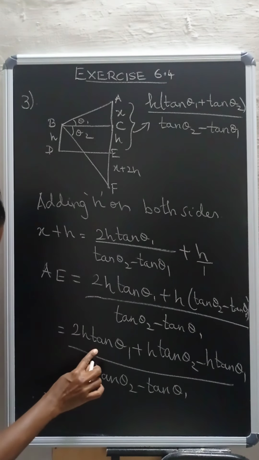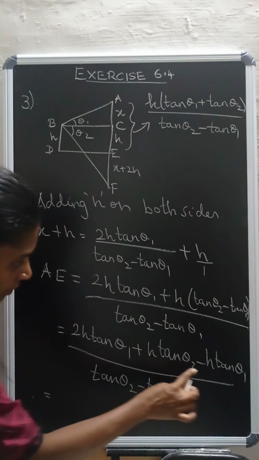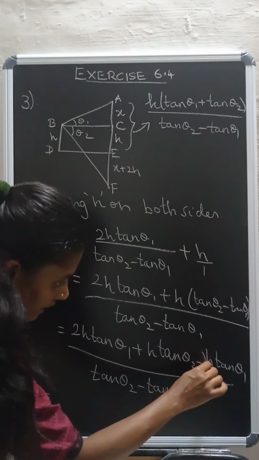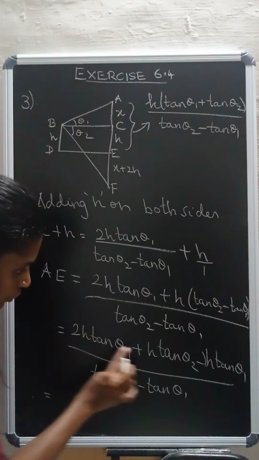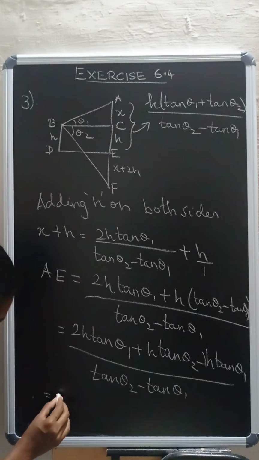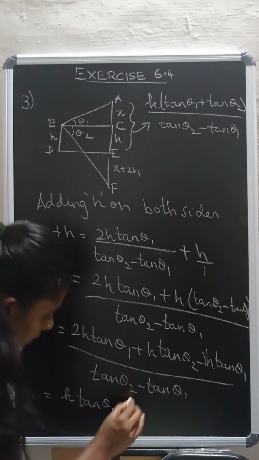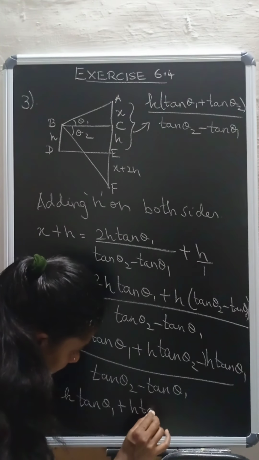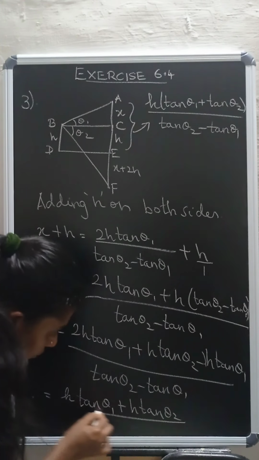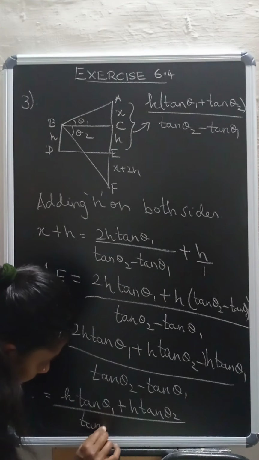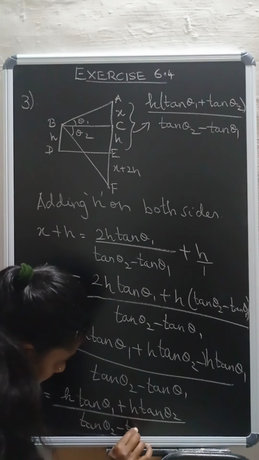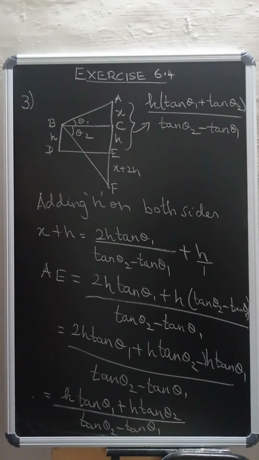Now solve this. Here you have 2h tan theta 1, here you have minus 1h tan theta 1, so 2 minus 1 is 1. You will get h tan theta 1 plus h tan theta 2 divided by (tan theta 2 minus tan theta 1).